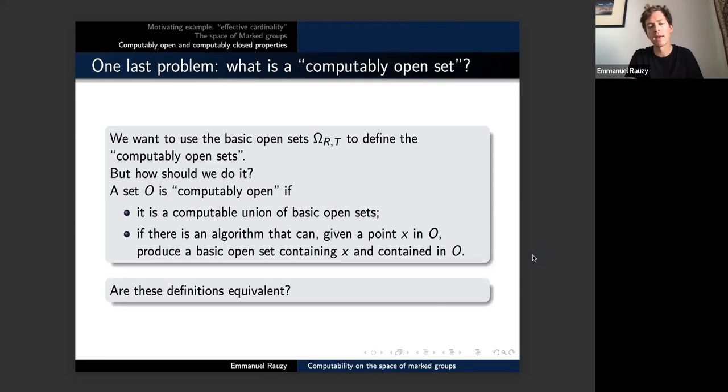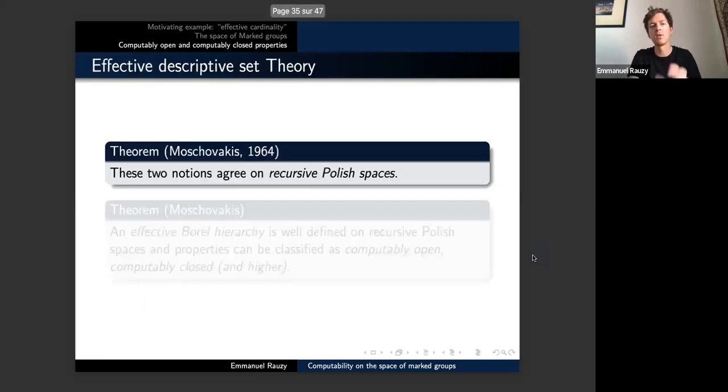Not much work has been done on settings where these give non-equivalent definitions, because most of the time researchers work in the context of recursive Polish spaces. And in this context, a theorem of Moschovakis tells us that the two notions of computably open sets that I told you about agree.